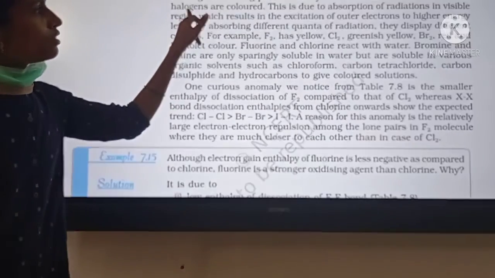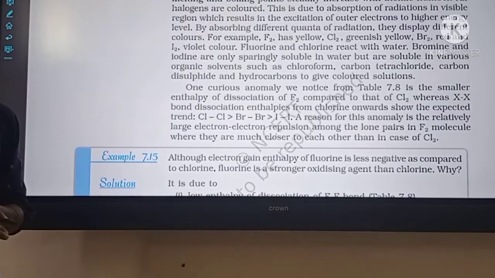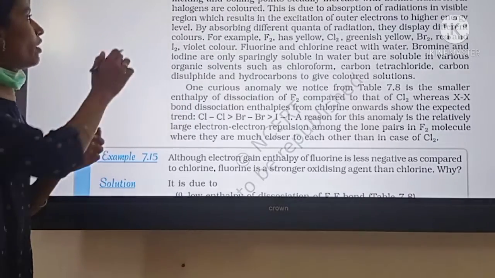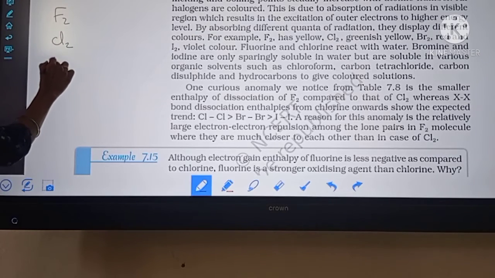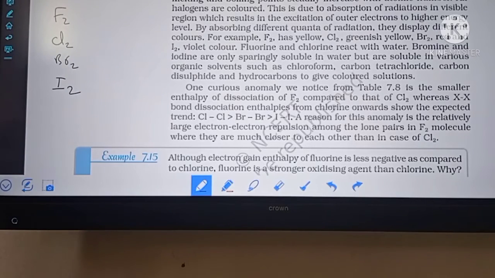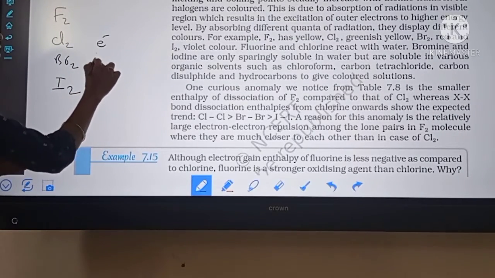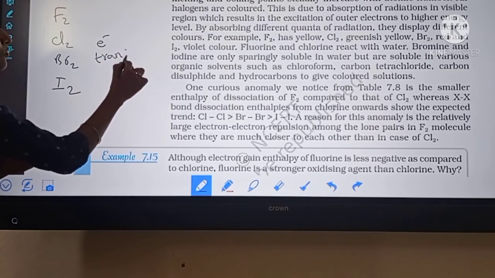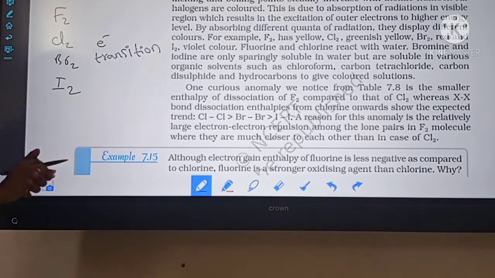All halogens are colored: fluorine, chlorine, bromine and iodine all exhibit color. This color is due to electron transition, meaning an electron is excited.